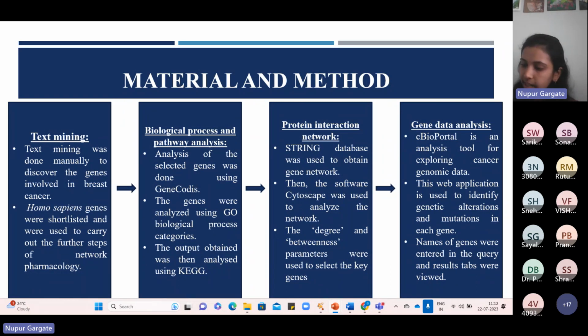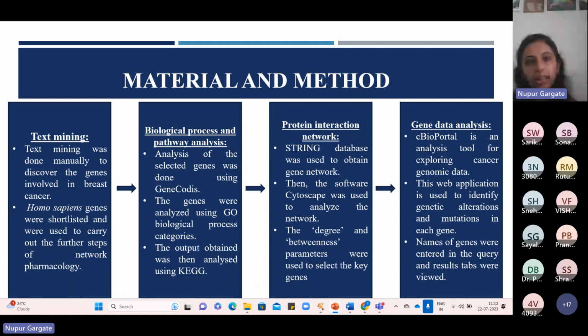Here STRING stands for Search Tool for Retrieval of Interacting Genes and Proteins. It is again a database which is available online. It contains information from a lot of sources, including experimental data, public data, and data which has been published in research papers, and it is a wide database to obtain a protein interaction network. After that, as I said, Cytoscape was used.